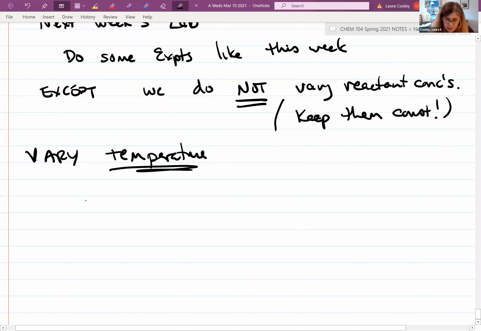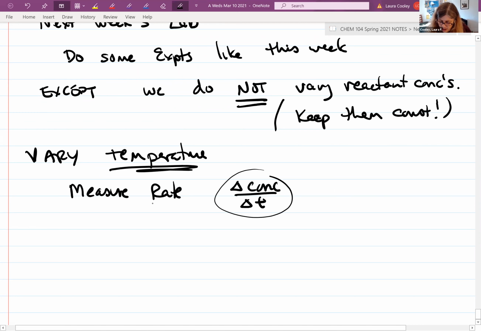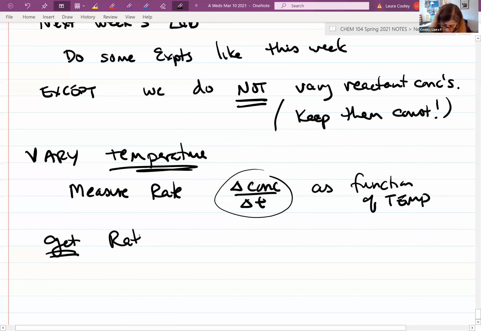And so we basically measure the rate. Remember, that's delta concentration over delta time. Some of you haven't done this lab yet, but you'll do it tomorrow. Delta change in concentration with time. You measure this rate as a function of temperature, and you're going to get the rate constant at these different temperatures.